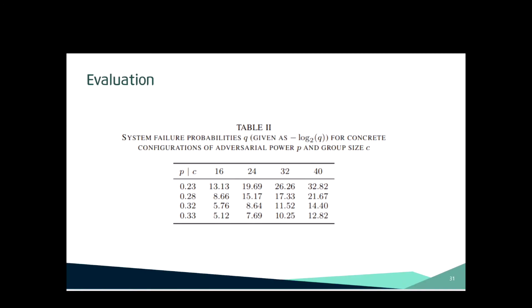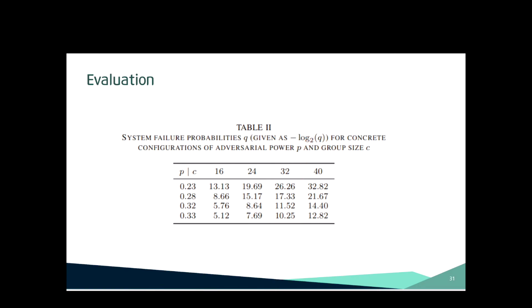There we see, for example, that both RandHound and RandHerd have a failure probability like this when p is 0.33 and c is 32. This value means, according to this equation, about 0.08 percent.